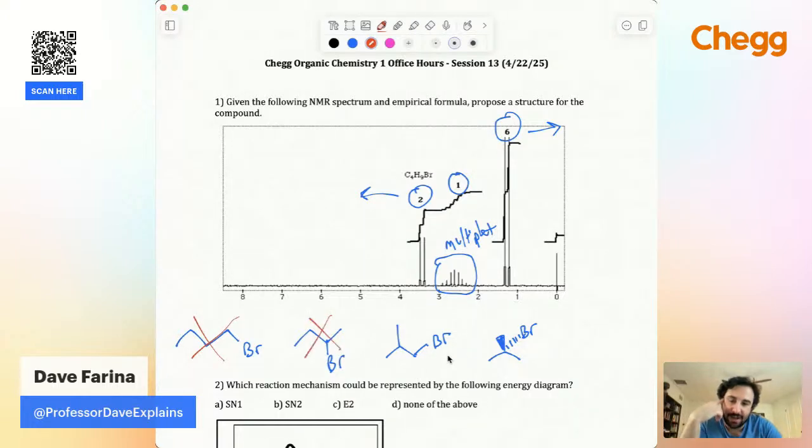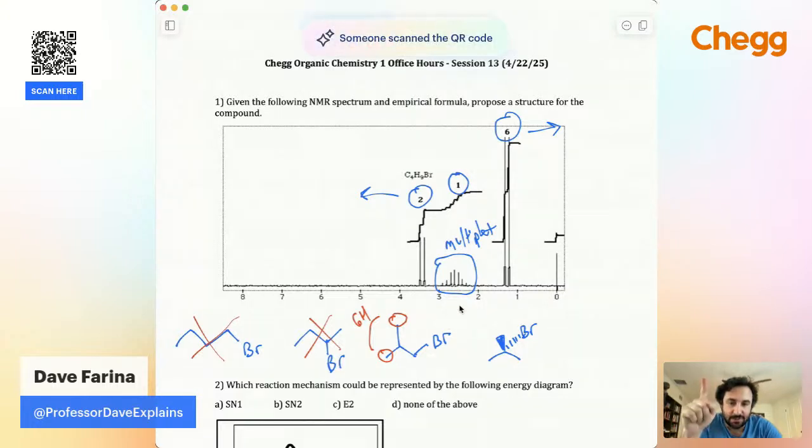Now, how about this guy? Okay, so we've got 2 identical methyl groups, right? This carbon-carbon bond is constantly rotating, right? So those 2 methyls see the same chemical environment as this carbon-carbon sigma bond is spinning. So we do have 2 identical methyl groups that would be integrated to 6. Now, would they be a doublet?